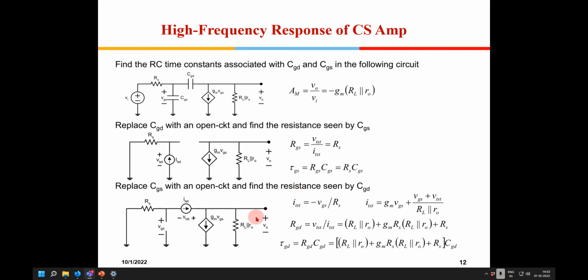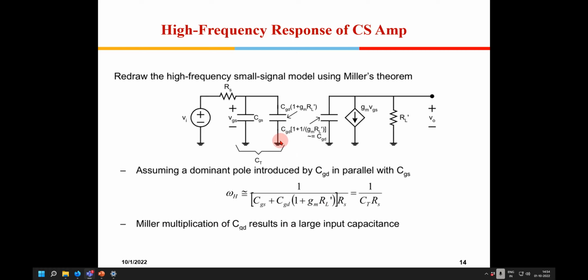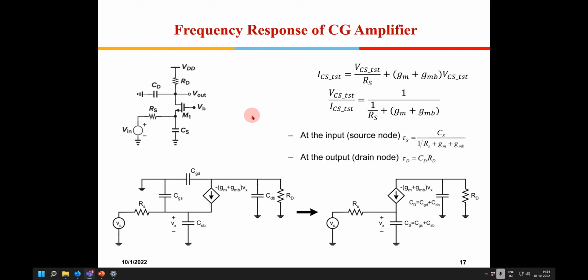It has a lower bandwidth. Whereas in the analysis of a CG amplifier, you will find that it doesn't suffer from that kind of Miller effect, so it has a much better bandwidth as compared to the CS amplifier. The only problem with the CG amplifier is that it has a low input impedance. So these are the takeaway points from here.